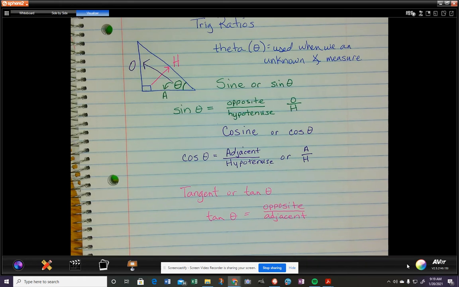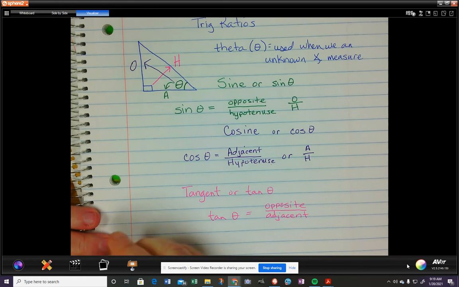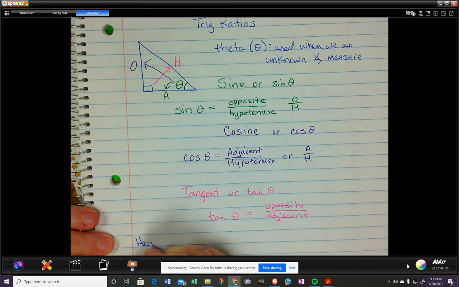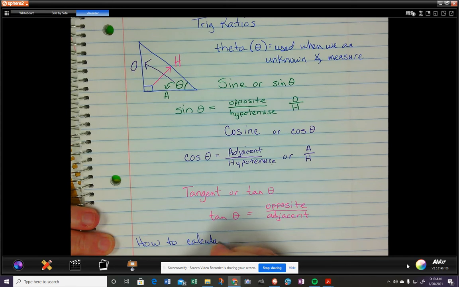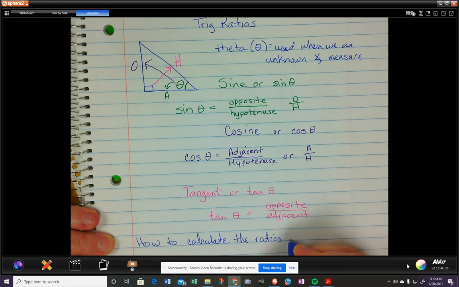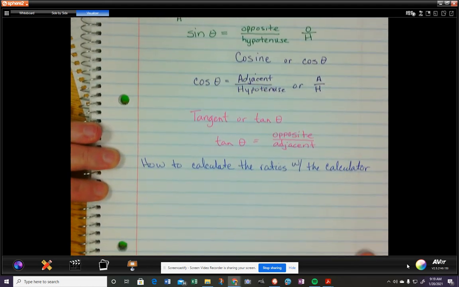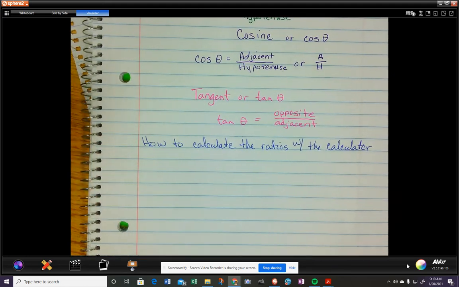So now let's talk about how to calculate the ratios with the calculator. With the calculator, you should have a button, and you can use your cell phone.